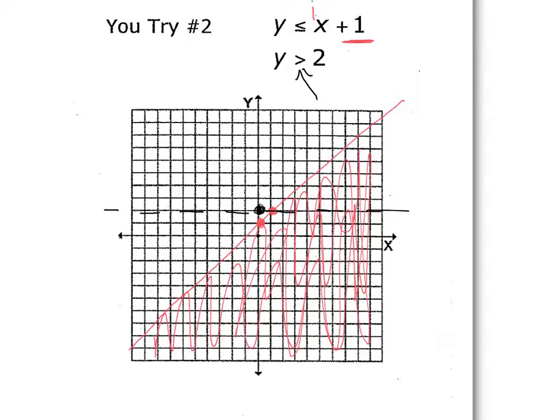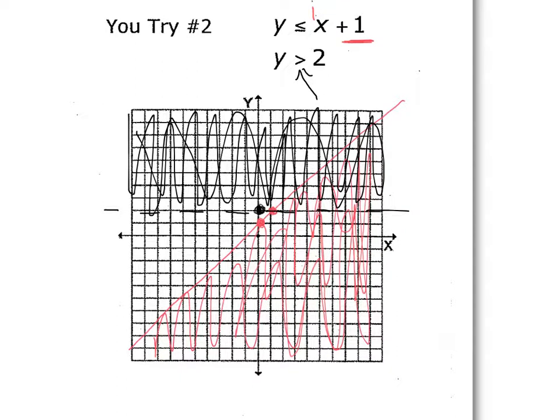We want all of the y values that are greater than that line, so we're going to shade up. The only spot that's covered multiple times is this spot up here that I'm going to color in green. This little segment right here would be the solutions to your graph.